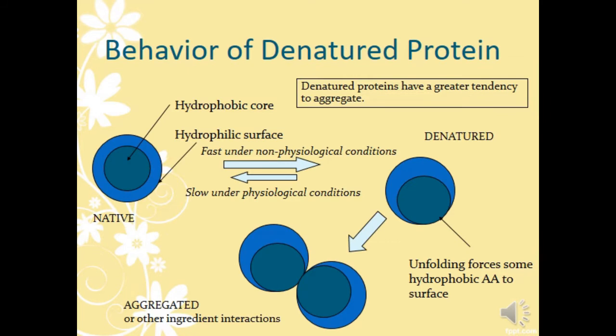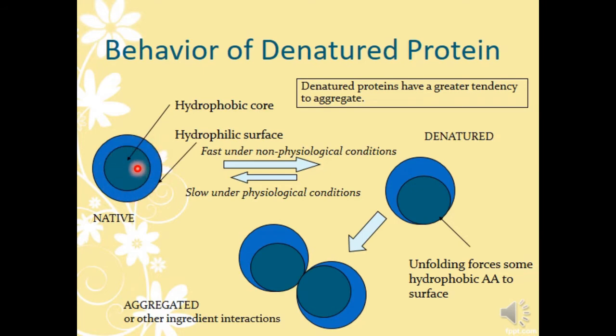Next we move on to the mechanism of protein denaturation. In the native state, the protein comprises a hydrophilic surface and a hydrophobic core.